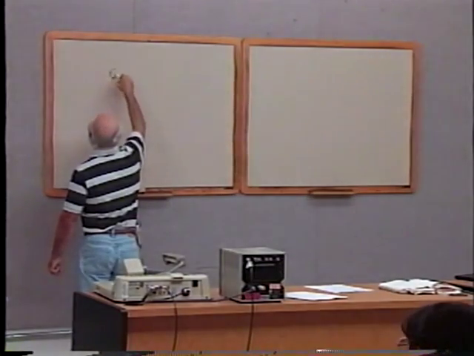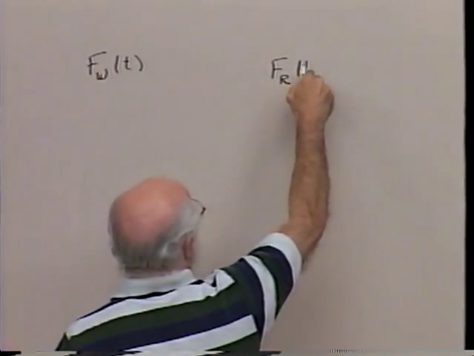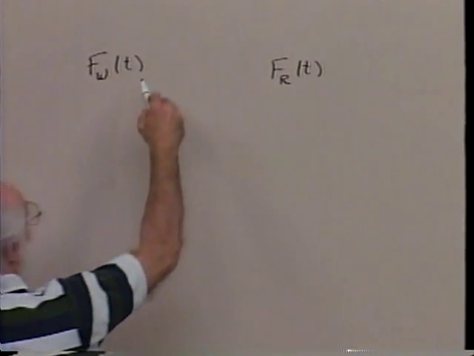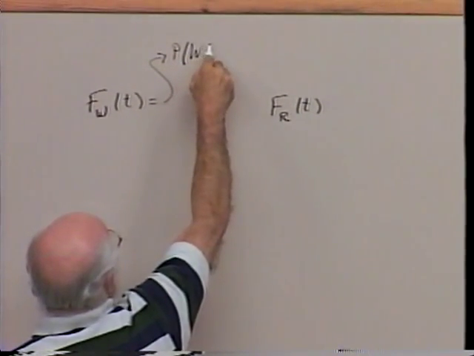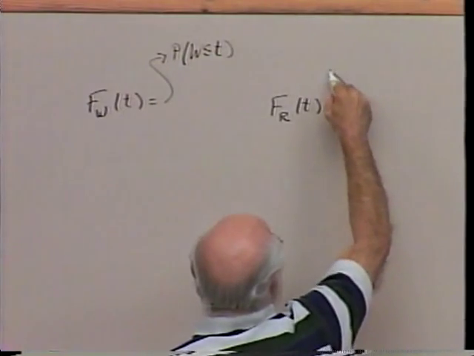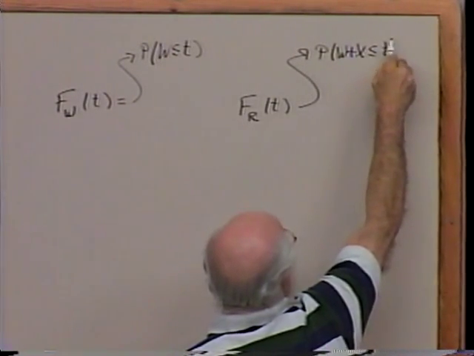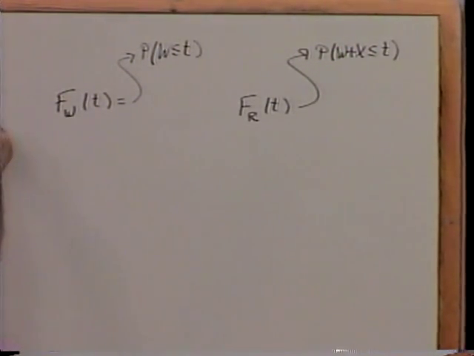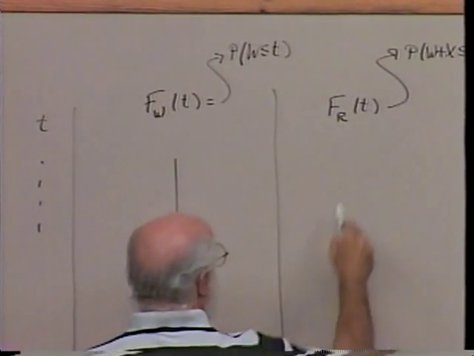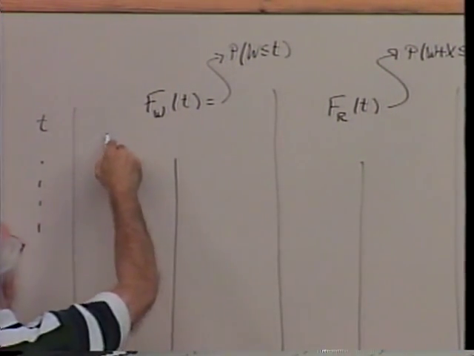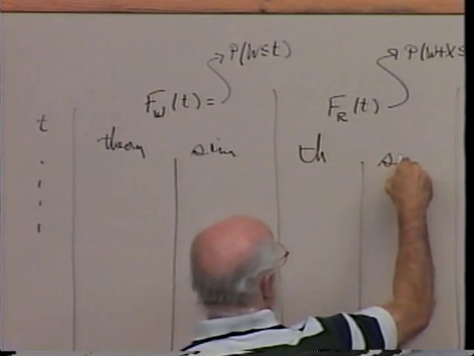You've got the distribution function of W, and you've got the distribution function of R. Now, what this means is the probability that W is less than or equal to T, and this is the probability that R, which is actually W plus X, is less than or equal to T. And then coming down here, you've got different values of T. And here you have 2 columns. One is theory, and one is simulation.